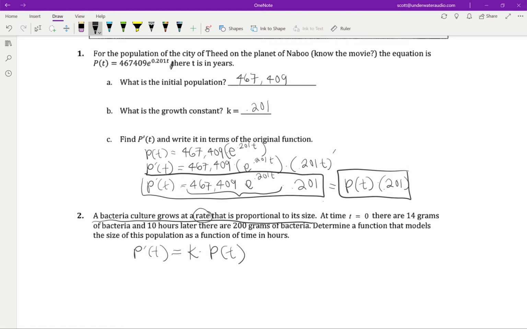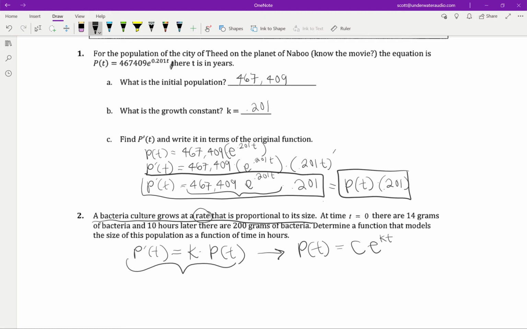So the phrase, something grows at a rate that is proportional to its size, means that it fulfills this relationship, which furthermore means that it's going to be in this sort of format, Ce^(kt). So I know that it's an exponential. It didn't say that, but I know that it is, based on that phrase.